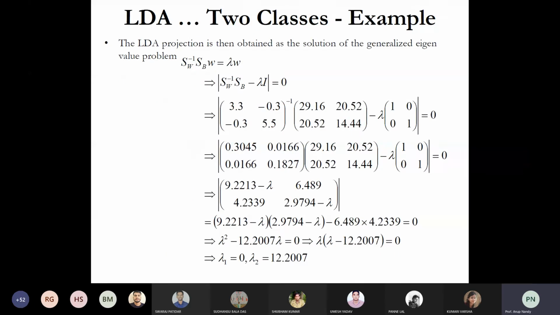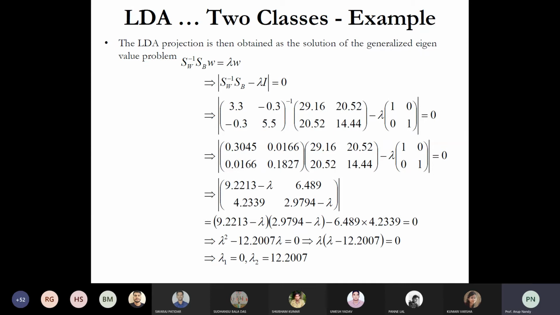Now you have to find lambda 1 and lambda 2, because you also need to find the directions where you have the maximum class separability. Lambda 1 is a direction where you can have class separability, and lambda 2 is another one dimension where you can have class separability. The LDA projection is obtained as a solution of the generalized eigenvalue problem.